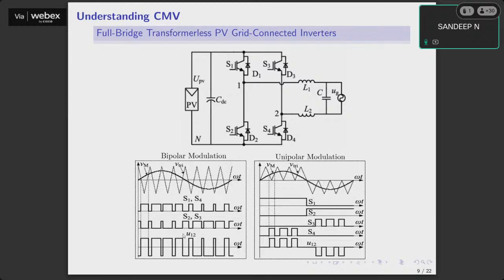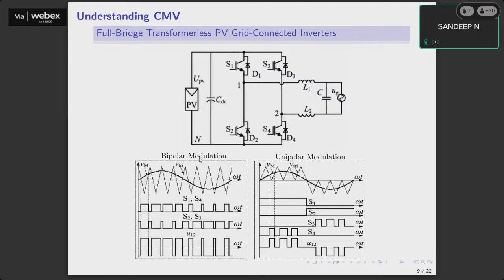Even though the voltage U12 is not a sinusoid, if you calculate the average value of this waveform in every switching period and plot that, it would look like a sinusoid. You can see the average value over here. One complete on and off is one cycle, so if you do the averaging, that would represent the sinusoid.